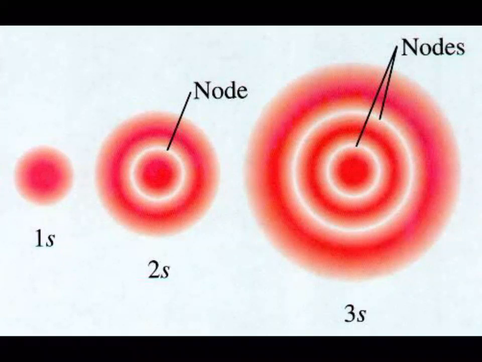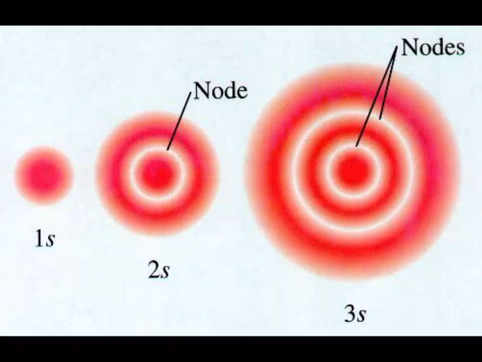A node is a region where the probability of finding an electron is almost 0. So 3s has 2 nodes, 4s will have 3 nodes, and so on.